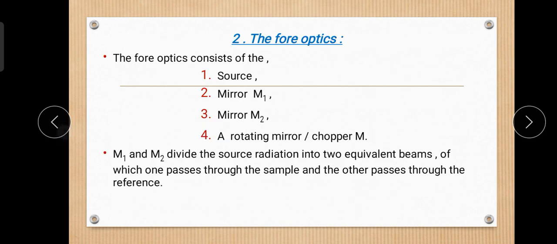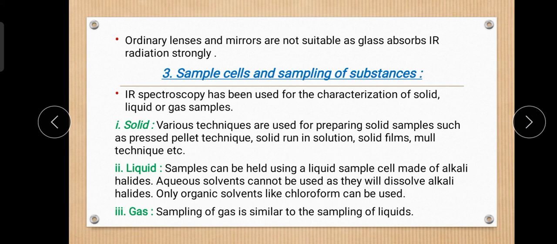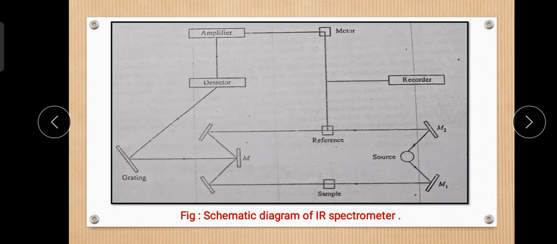After that, mirrors M1 and M2 divide the source radiation into two equivalent beams, of which one passes through the sample and the other through the reference. The source emits the radiation, which gets reflected from mirror M1 and mirror M2.